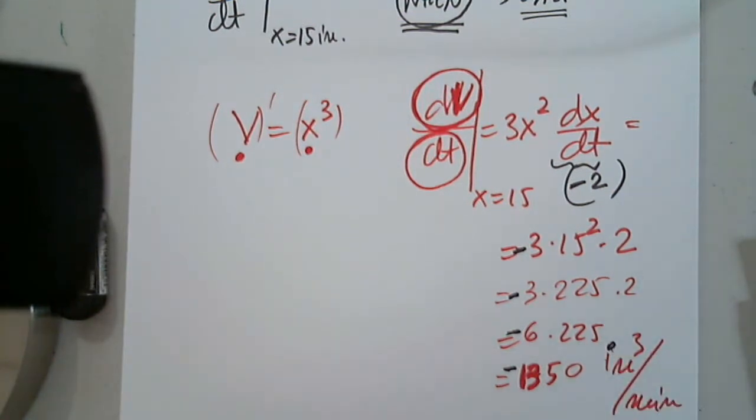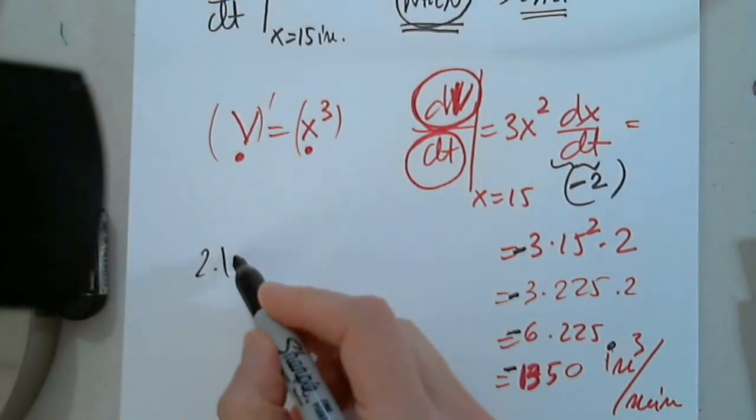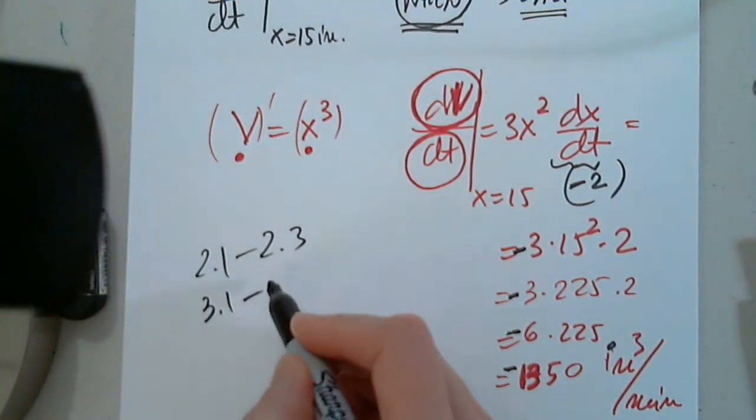Good. Next question. Anything else you need help with? My lab math? Everything has to be done tonight, right? Our test is on Wednesday, from 2.1 through 2.3 and 3.1 through 3.9.